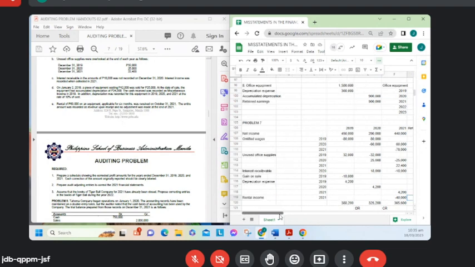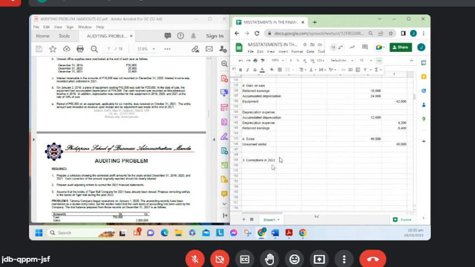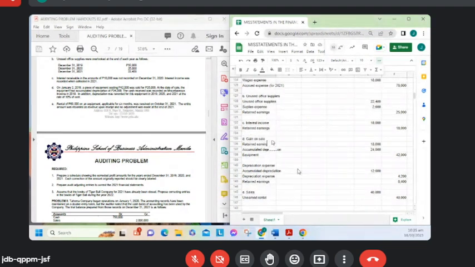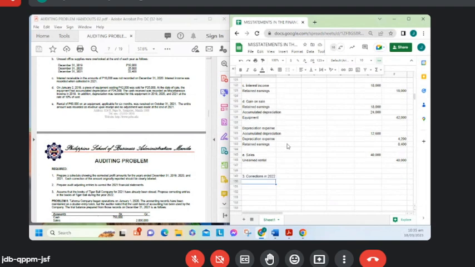As for the rental income, it also has an impact. So in short, the wages, unused supplies, gain on sale, and depreciation expense are the only ones that will need corrections in the year 2022. So what will be the necessary entries? What will be our correcting entries in 2022?